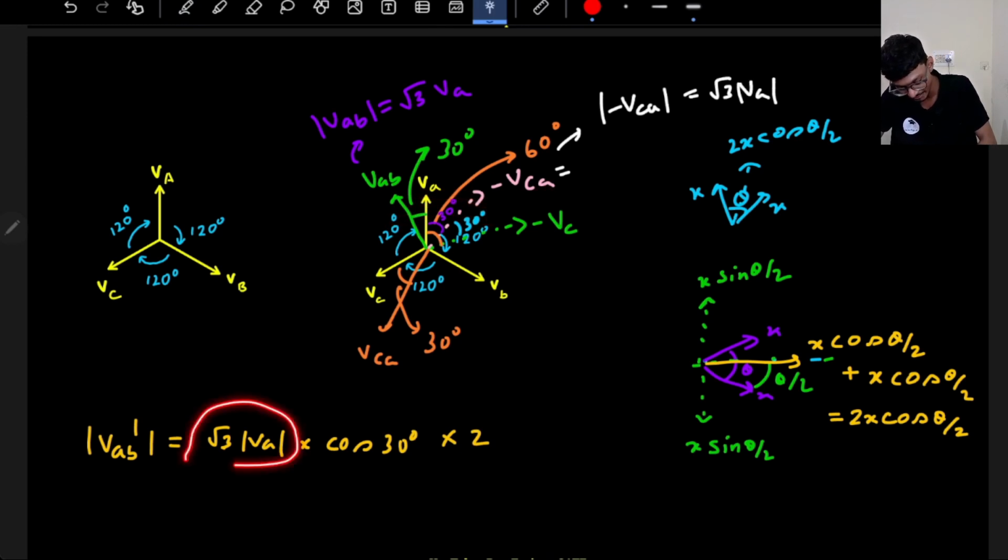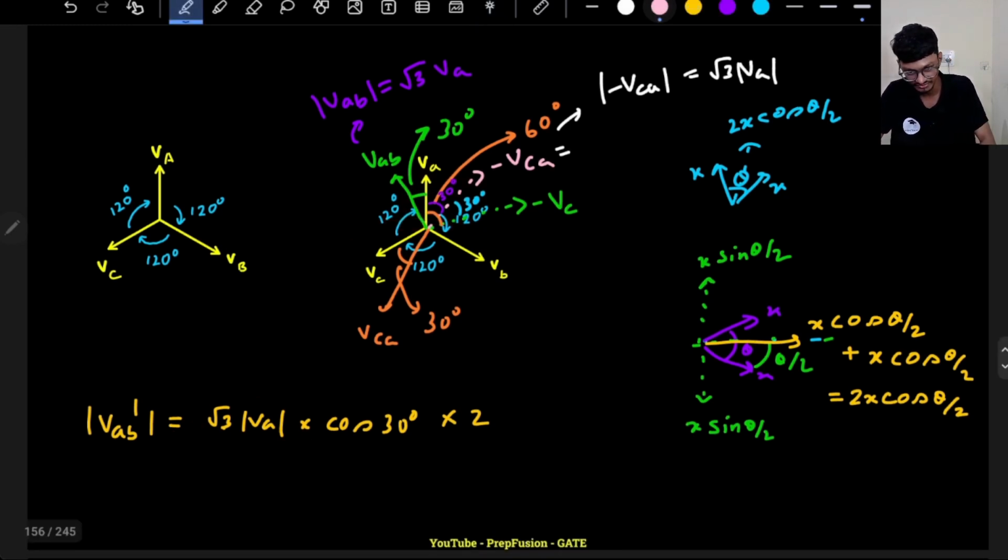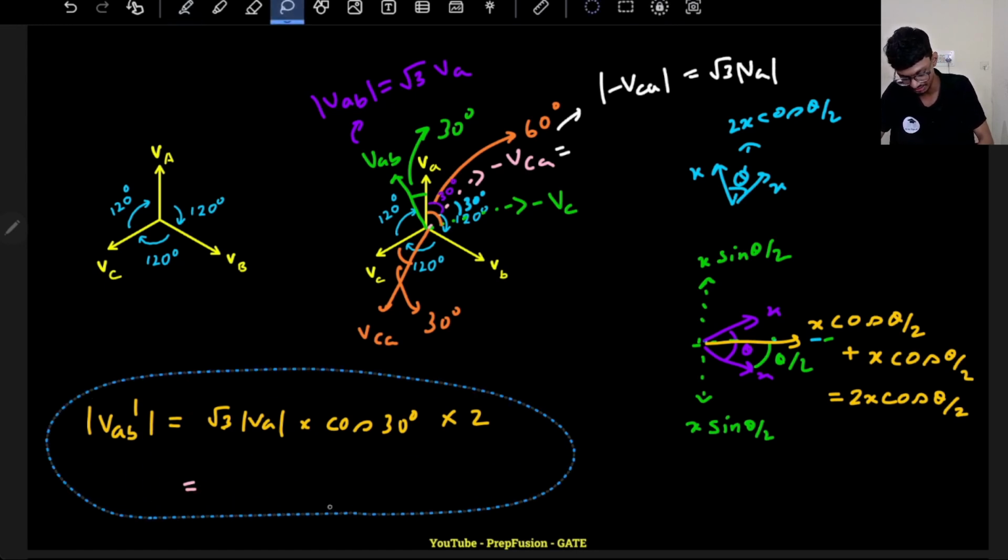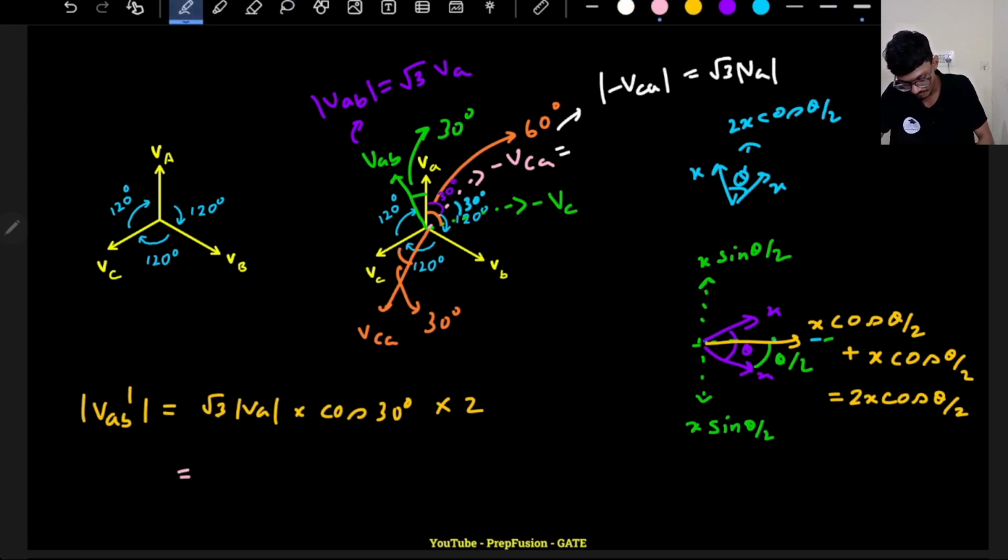Both of them have the same magnitude. The cos component will be added. The sine component will be simply subtracted. That will cancel out. Simple vector law. So cos 30 is root 3 by 2. So this will come out to be root 3 into root 3 is 3. So 3 by 2, and already I have a 2 multiplied here.